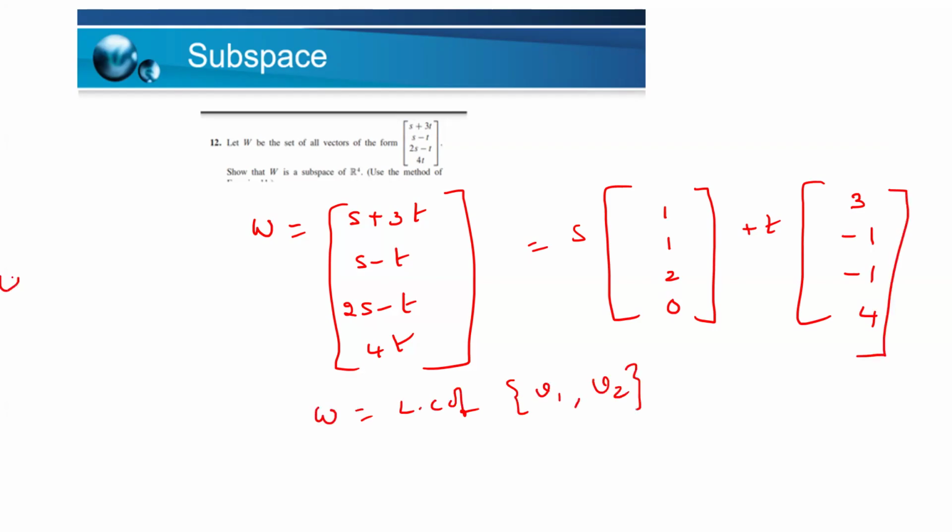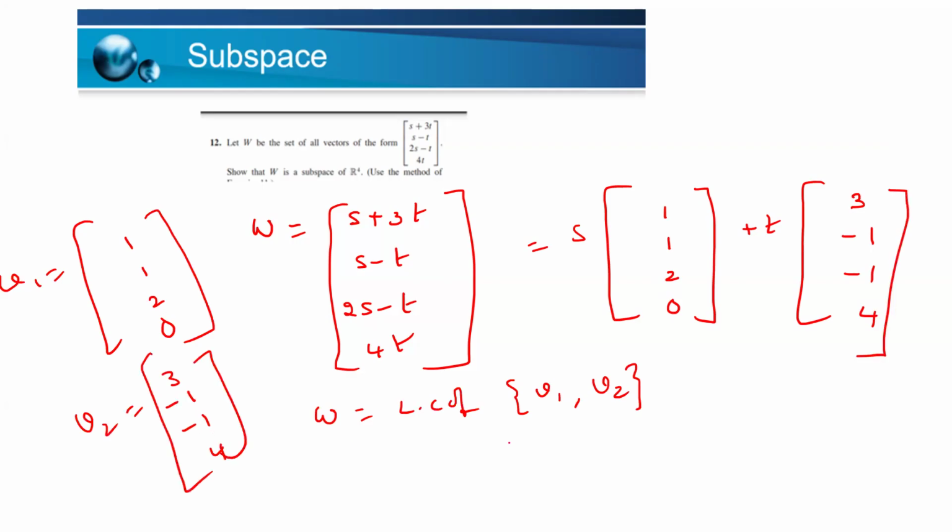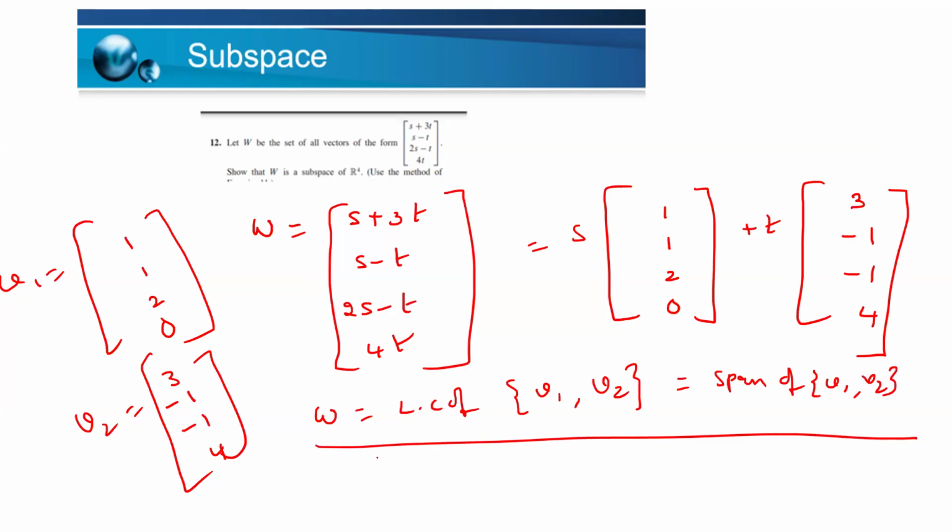What is V1 here? V1 is (1, 1, 2, 0). And what is V2 here? (3, -1, -1, 4). So this is a linear combination of V1, V2, that is nothing but the span of V1, V2. So W is the span of V1, V2. We know that by the previous theorem, W is a subspace of R^4.